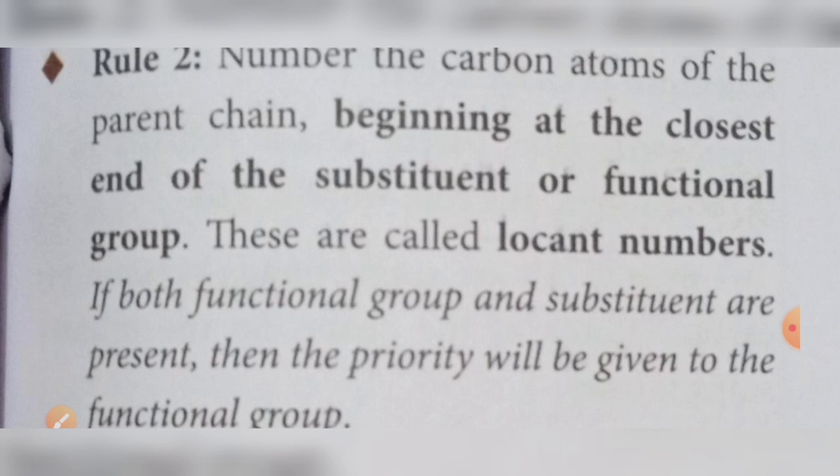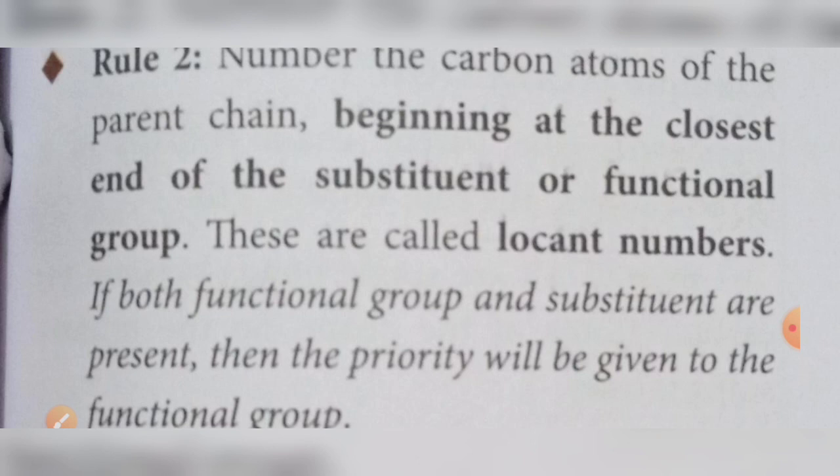If both a functional group and substituents are presented, what are the substituents? You know very well; yesterday I said fluoro, chloro, bromo, iodo, amino, methyl, ethyl. When these substituents are presented along with a functional group, the priority is given to the functional group. First you have to locate the functional group.